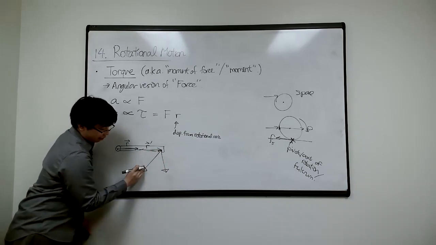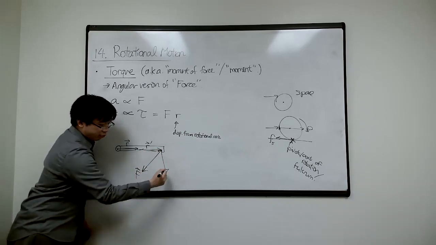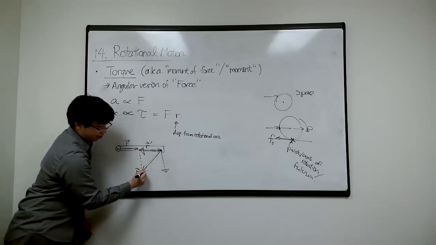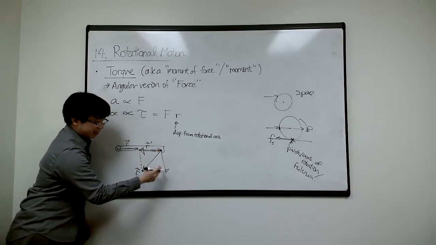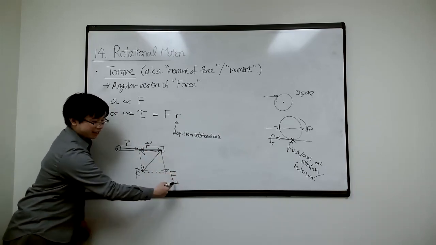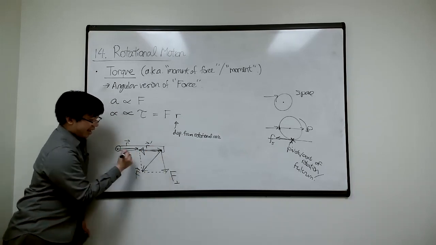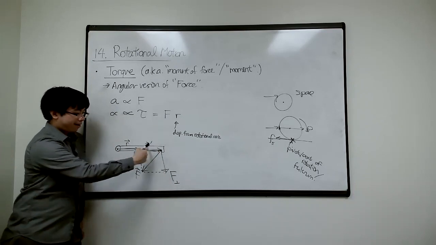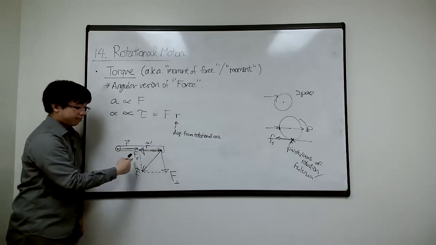So let's say this is the original force. You can resolve it. I'll use a thicker arrow for the resolved components. You can resolve it into a component that is perpendicular, and a component that is parallel. So this is F parallel to the displacement vector. Parallel to what?